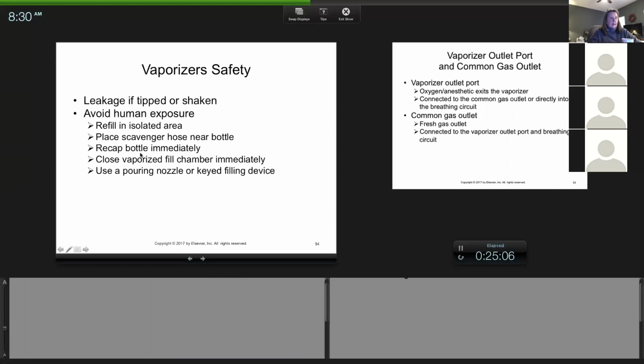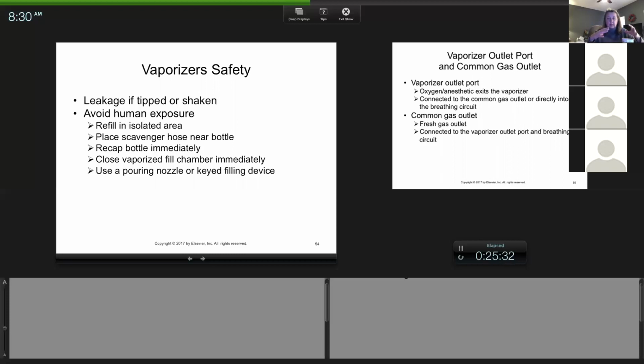And when you fill it, we usually fill it in the OR. If you spill, I would leave the room. We'll close the vaporizer and make sure you're not standing over the spill for a long period of time, because again, it's going to vaporize quickly. You could literally pass out. I've seen people get woozy, stumbly.